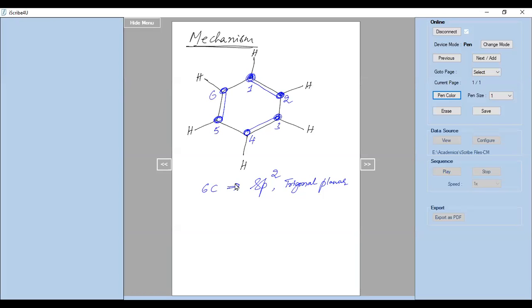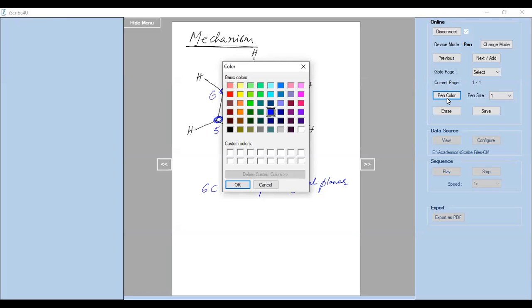Each sp2 carbon atom has 3 sp2 hybrid orbitals, which form 2 C-C plus 1 C-H sigma bond, and 1 pz orbital, which forms the C-C pi bond. Please remember that.